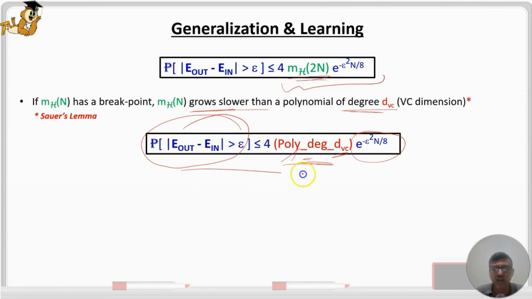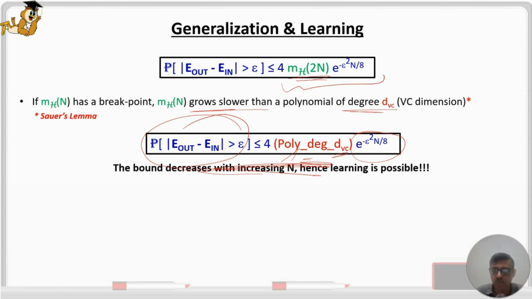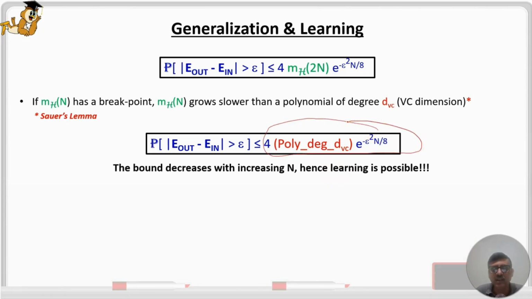So what we have now is this. Very important: this bound is going to decrease with increasing n. In fact, you can make it arbitrarily small as you like, by increasing n.